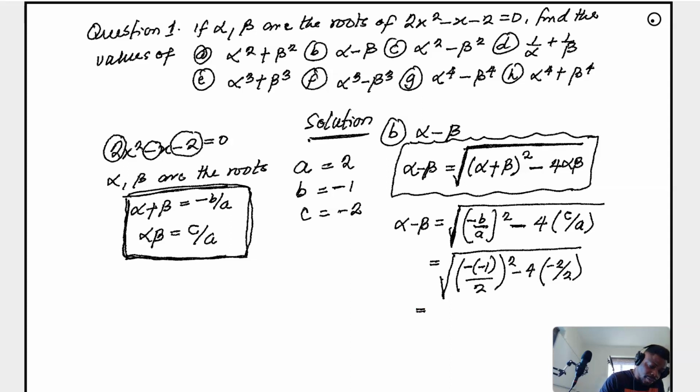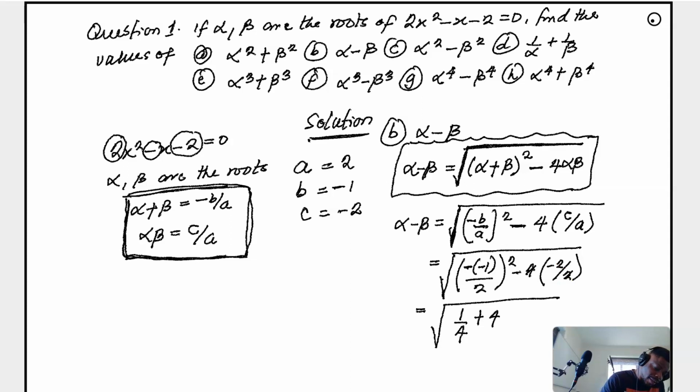So here, all roots, minus 1, minus times minus is plus. So this is 1 over 2 squared, that is 1 over 4. Minus times minus is plus. How many 2s can you get in 4? That is 2, right? So 2 times 2, that is 4. Or you say 4 times 2, 8. 8 divided by 2, that is still 4.